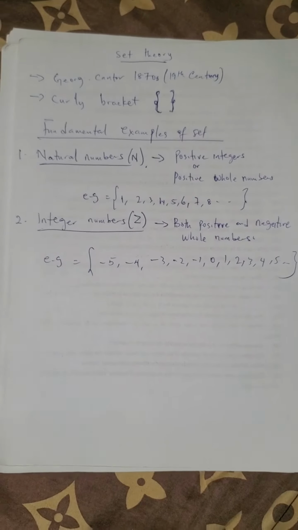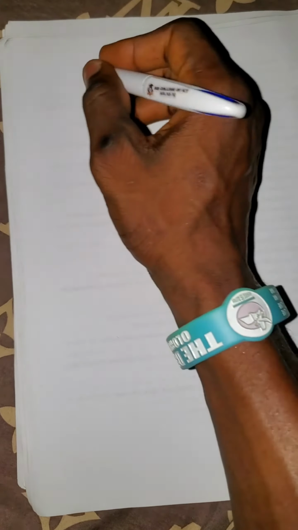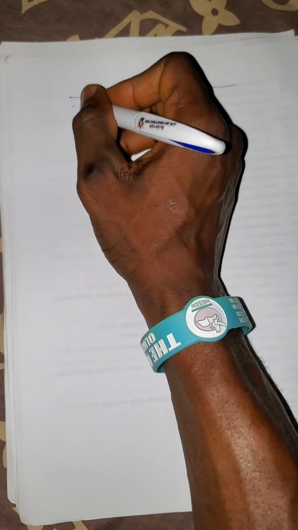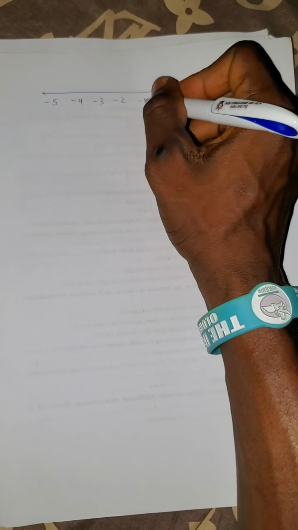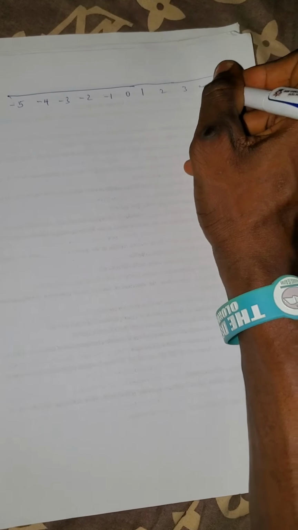Now this is where I'm going. Let me quickly talk about a graph here. If you have a graph from -5, -4, -3, -2, -1, I have 0, I have 1, 2, 3, 4, 5.